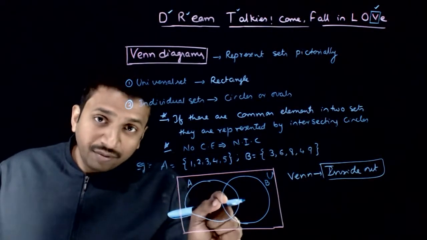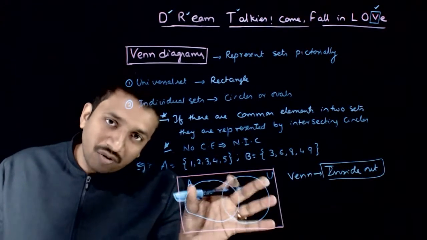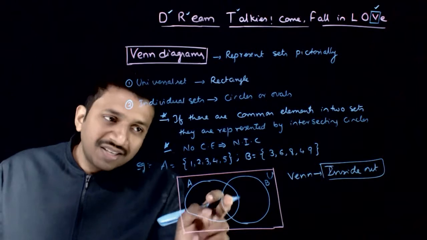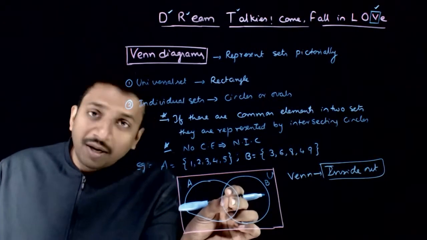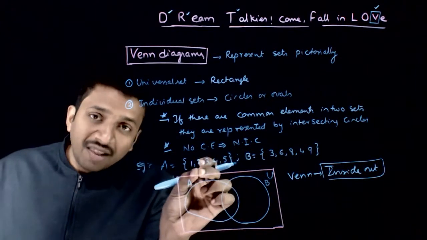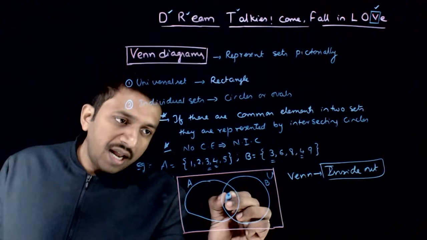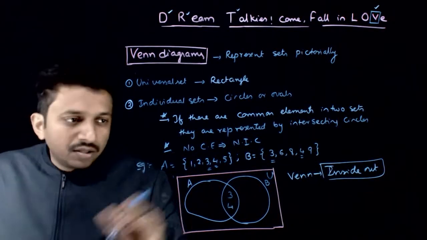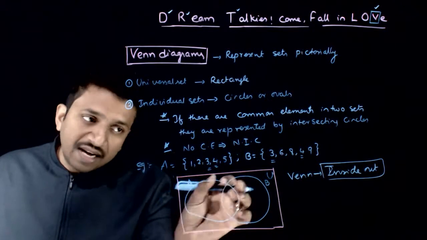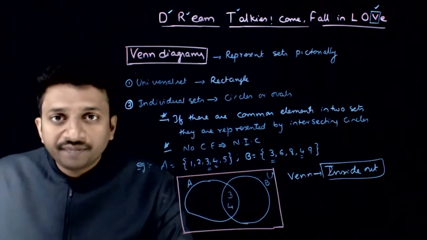So you have to start filling the Venn diagram from inside, then go outside. What is the innermost part? The innermost part is the common part of A and B. What are the elements common in A and B? 3 and 4, right? So 3 and 4 have to be filled in the common part. This 3 and 4 belongs to this circle as well as this circle. That means they are present in set A as well as B.